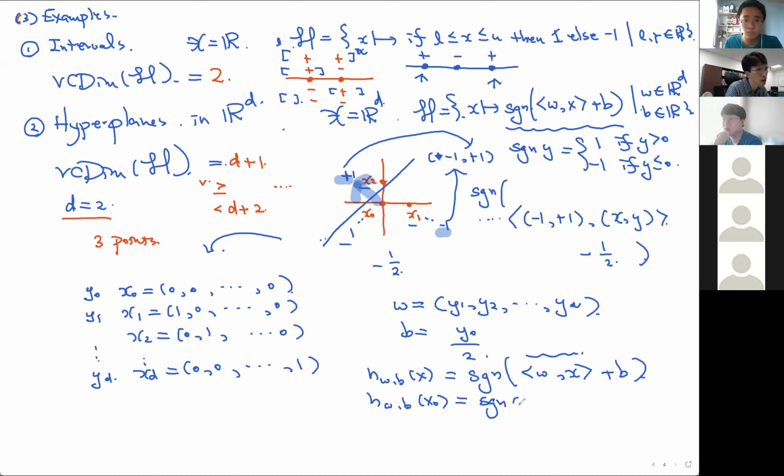It's going to be the sign of b, which is exactly y0. And when we plug in xi where i is not equal to 0, then this will be the sign of, and only the yi part will survive here.